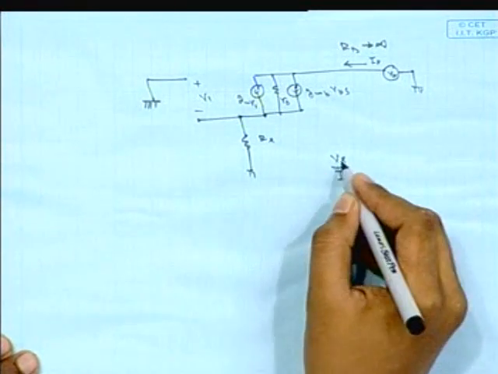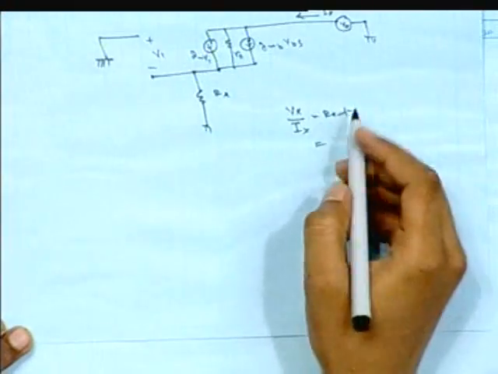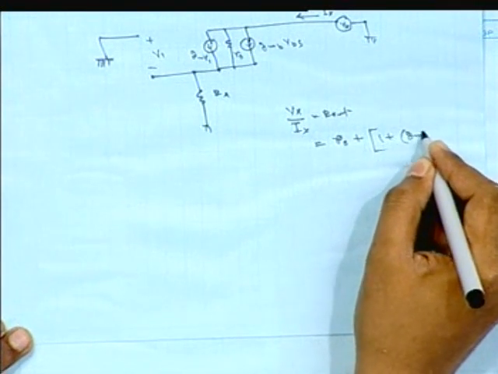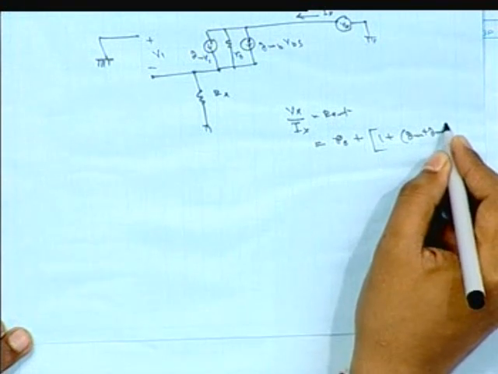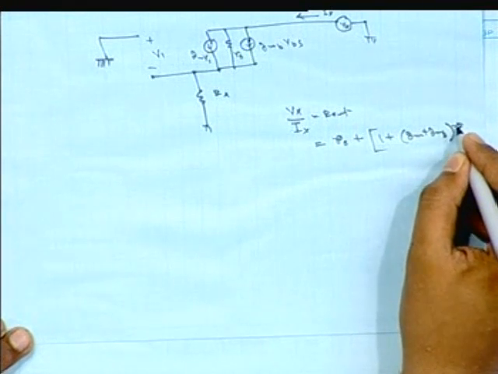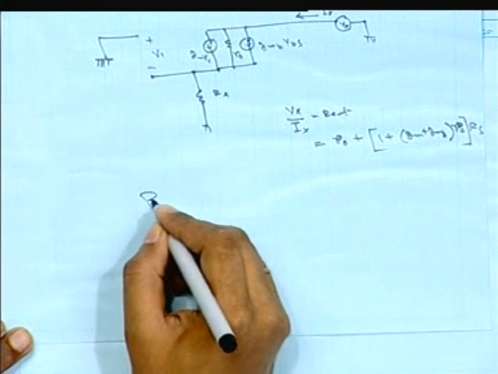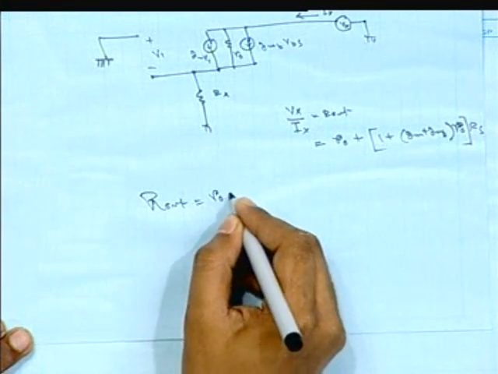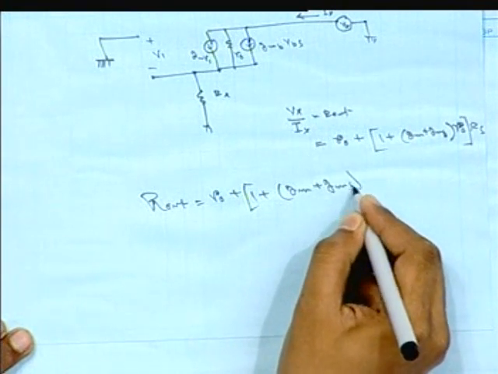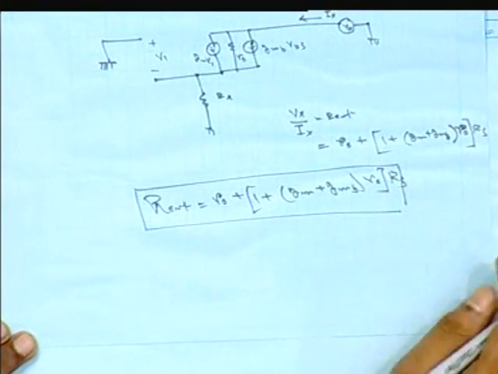This is nothing but the output resistance, which is R naught plus (1 plus Gm plus Gmb) into R naught, whole into Rs. Again I am writing, R out equal to R naught plus (1 plus Gm plus Gmb) whole into R naught plus Rs. You have to remember this equation.